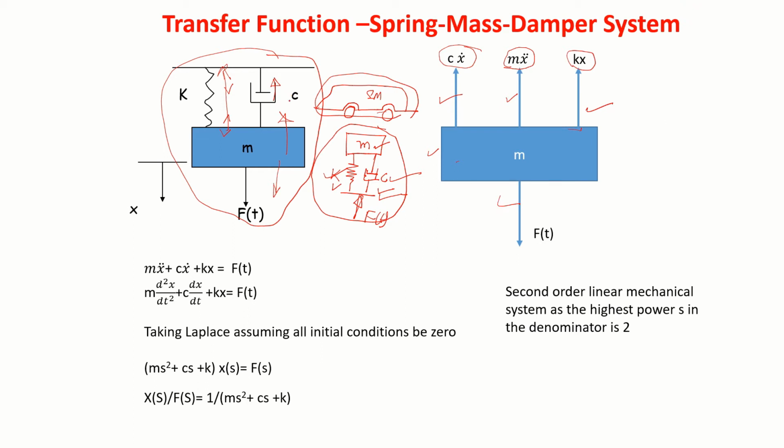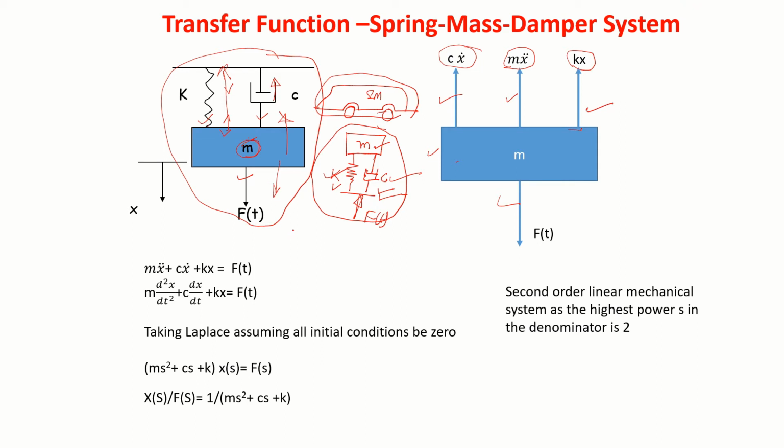Now, to avoid making mistakes, when you come across such a system, see how many connections we have. One physical connection, 2 and 3. And whenever there is a mass, we will have an inertia force.